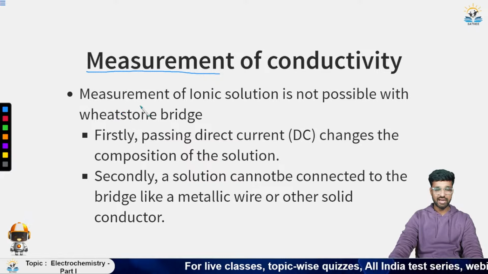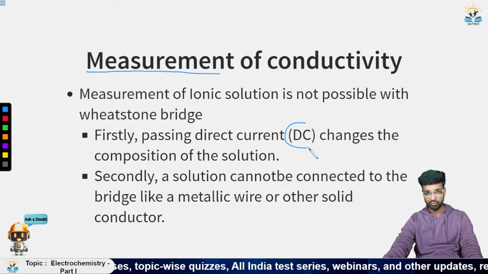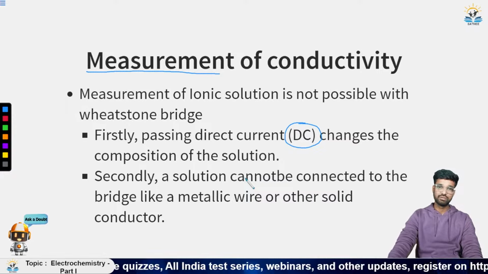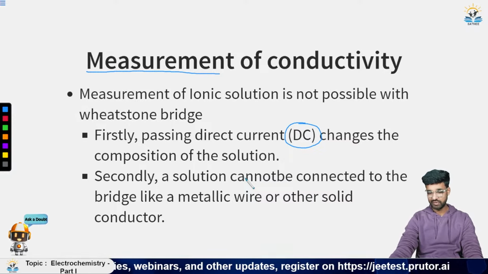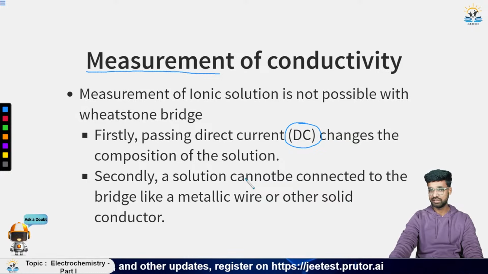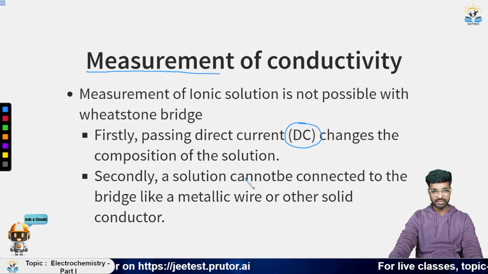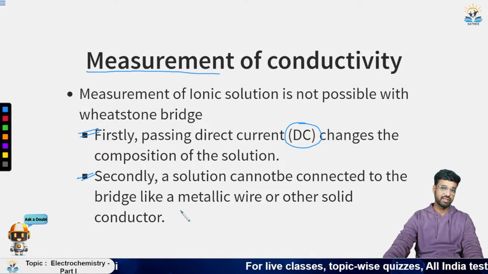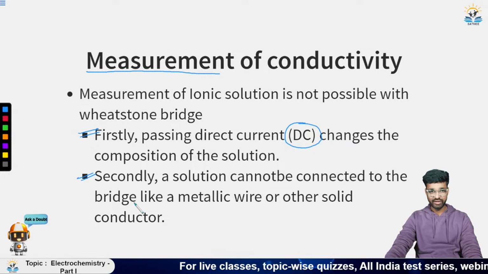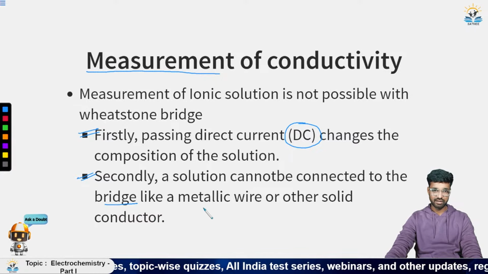Now for an electrolytic conductor, the first problem is that we cannot use DC current here, because we will get accumulation of charges and you will not see any further conduction. So for that reason, the Wheatstone bridge cannot be used. And the second and most important reason is that it is very difficult to build a bridge like that for an electrolytic conductor, which is easier in the case of a metallic wire.